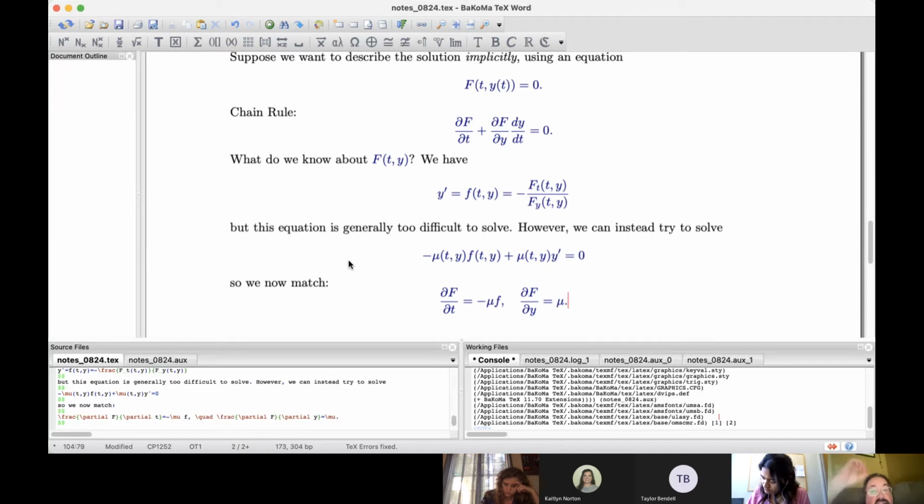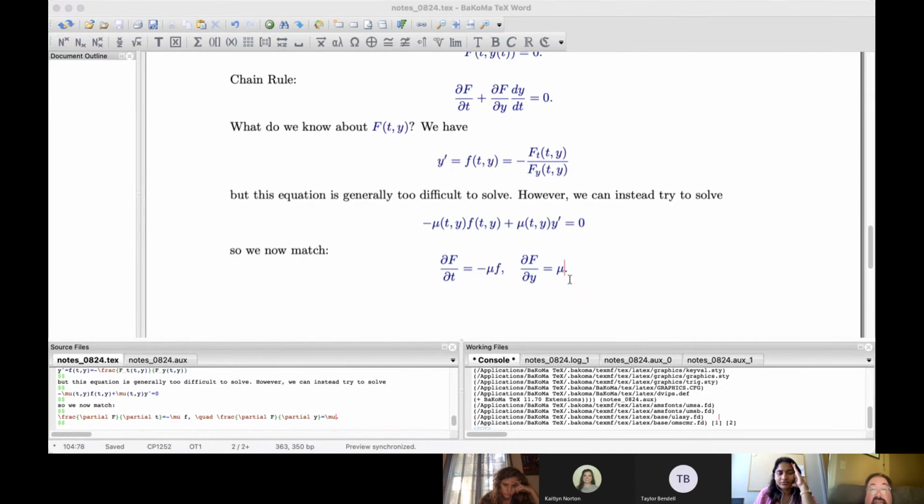Okay. So what if I could find a function mu that would make this equation simpler, and then I could solve for capital F by integration.